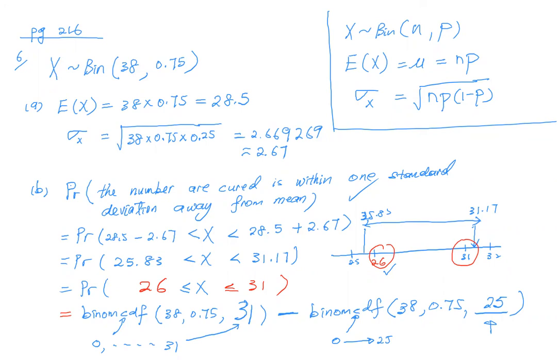So the next best whole number will be 25, since you can't put 25 and something. If I put 26, that means I take away 26, that means 26 is not included. So you have to be very careful of this sign. If I put an equal sign, that means 26 is included. Are you clear?